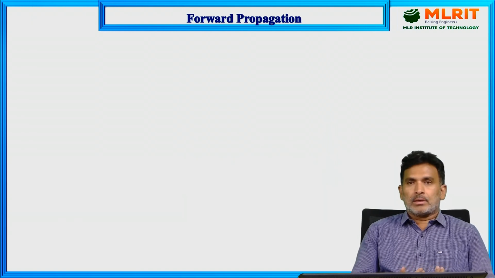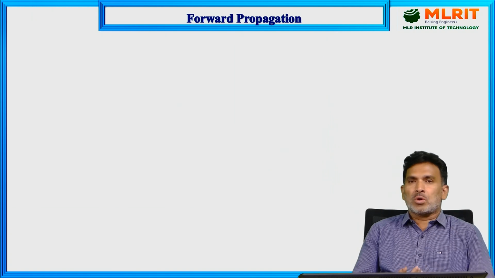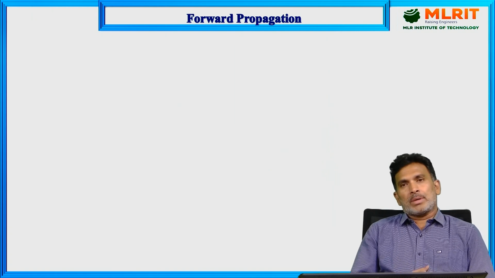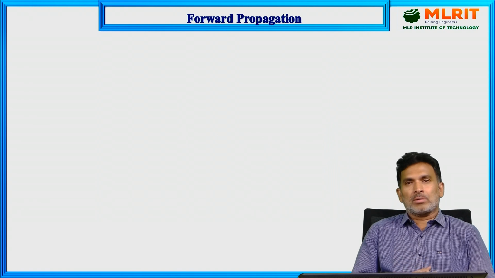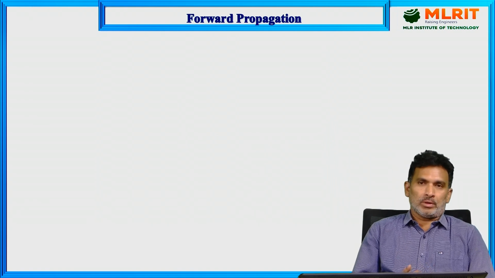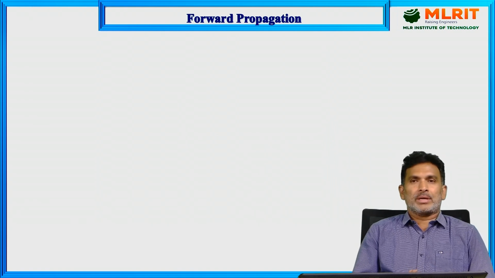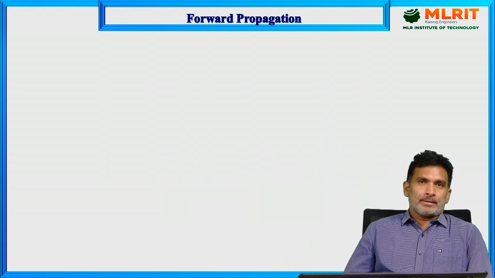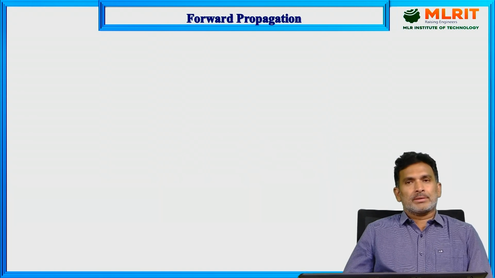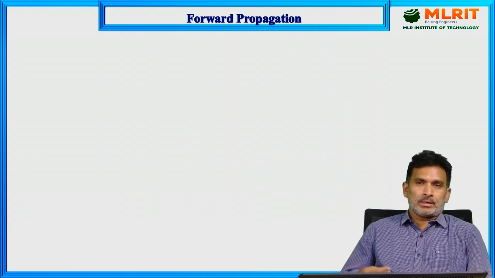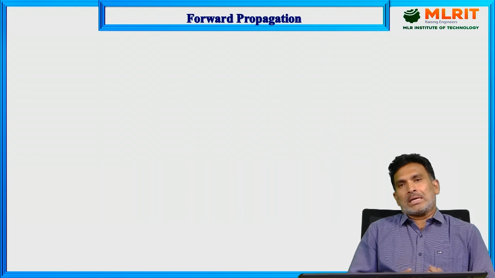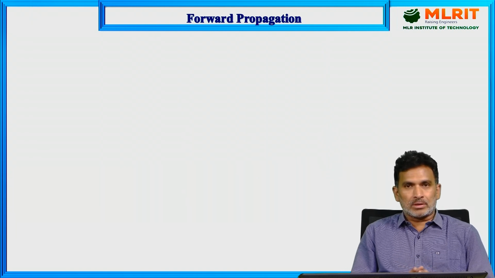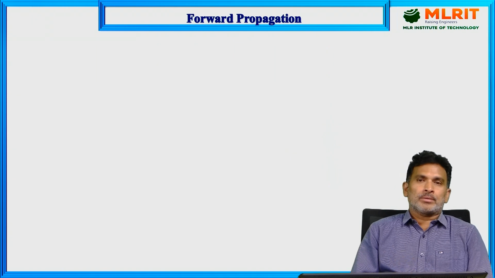Though I just gave some brief idea about what forward propagation is while explaining the basic building block of artificial neural network, that is the perceptron, how the information is propagated from the input layer all the way up to the output layer, and then how the error would be measured, and then how the retraining, in the sense of adjusting the weights and biases, that is called parameter tuning, is done.